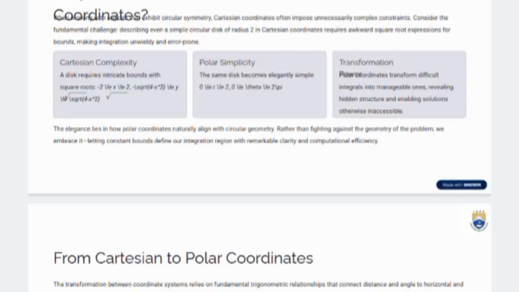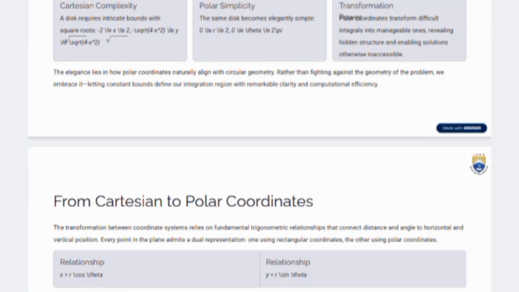horizontal and vertical position. Every point in the plane admits a dual representation, one using rectangular coordinates, the other using polar coordinates. The relationship is x equals r cos theta, y equals r sin theta, hence r represents the distance from the origin and theta denotes the angle measured counterclockwise from the positive x-axis.